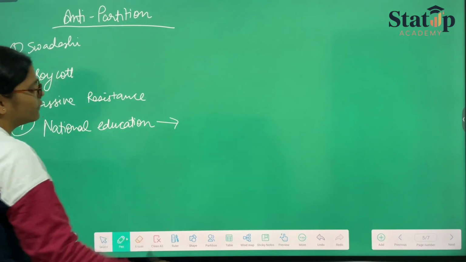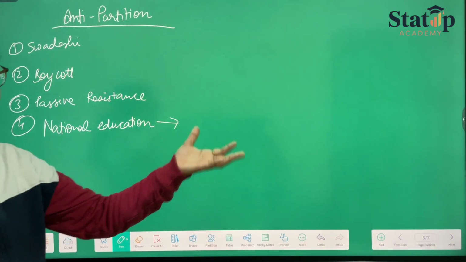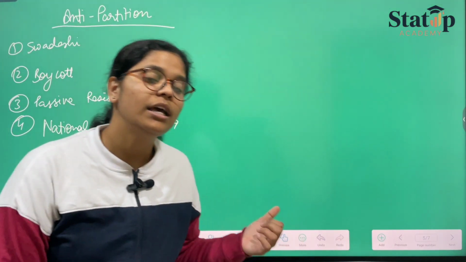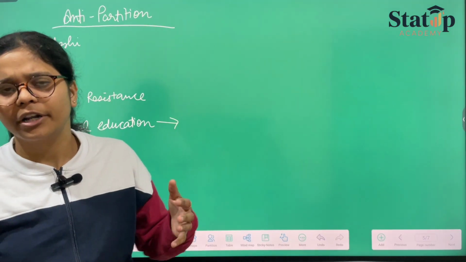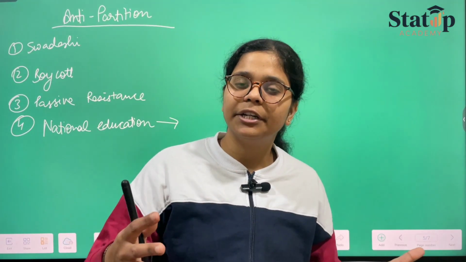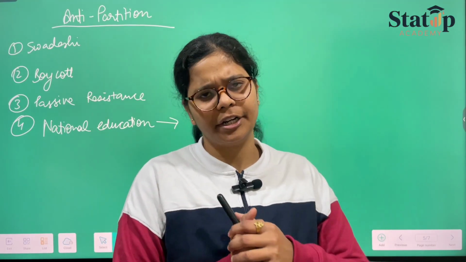Swadeshi means the things that are produced in our own country, we would be using only that. The boycott refers to not using the articles that are imported into India.